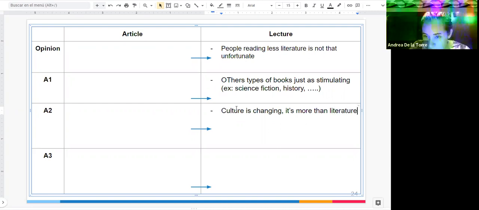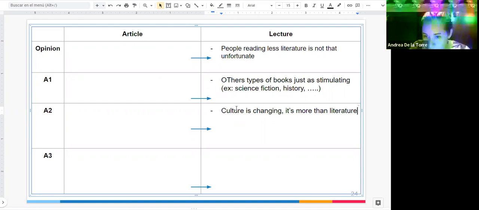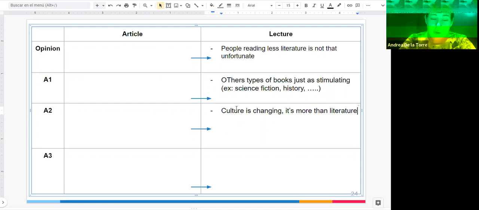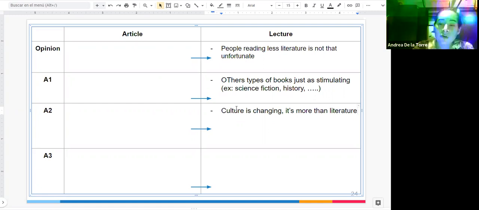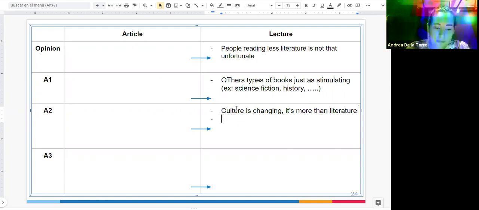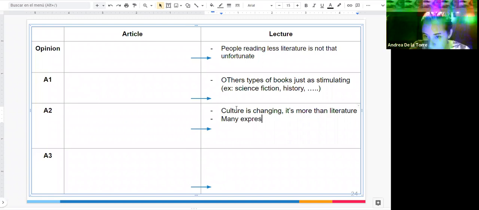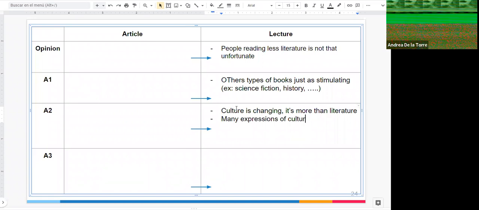So it's similar to the first argument, but it's not the same, right? So great, the professor says culture comes in different ways, in different forms. So it's changing. I mean, literature isn't the only form of culture. There are others. Anything else you guys want to add? There are many expressions of culture. Great. Exactly. There are many expressions of culture, right?